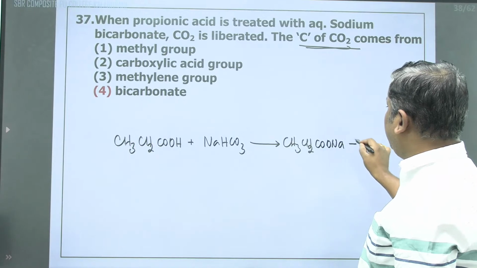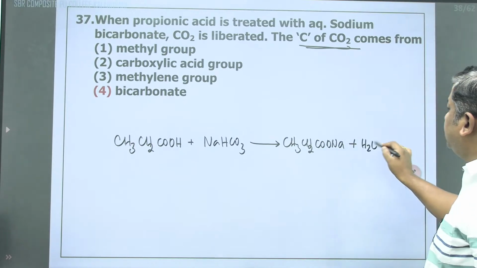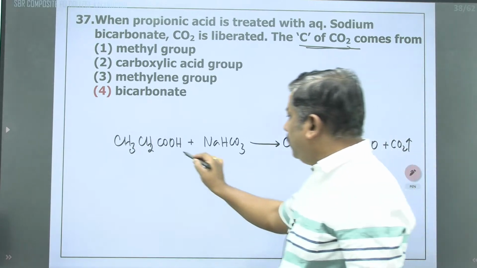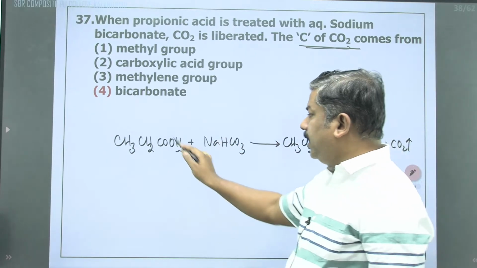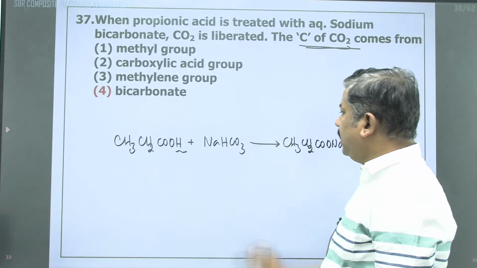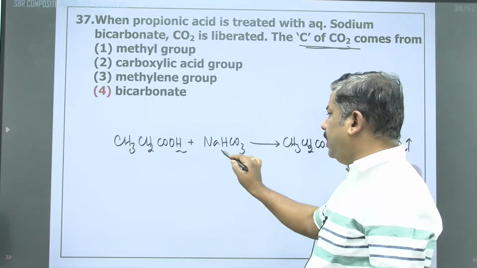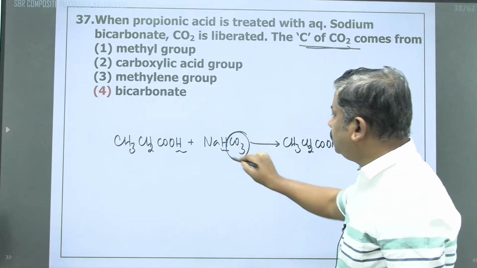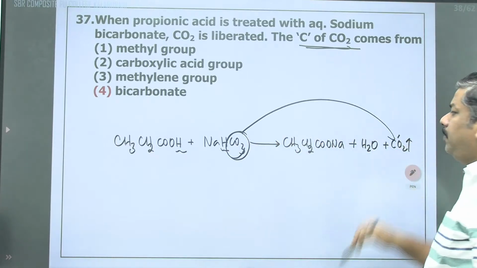CH3CH2COONa plus H2O is produced, and carbon dioxide is produced. The hydrogen of this acid combines with the hydrogen of the sodium bicarbonate, resulting in the formation of water, and the carbonate is converted into carbon dioxide.